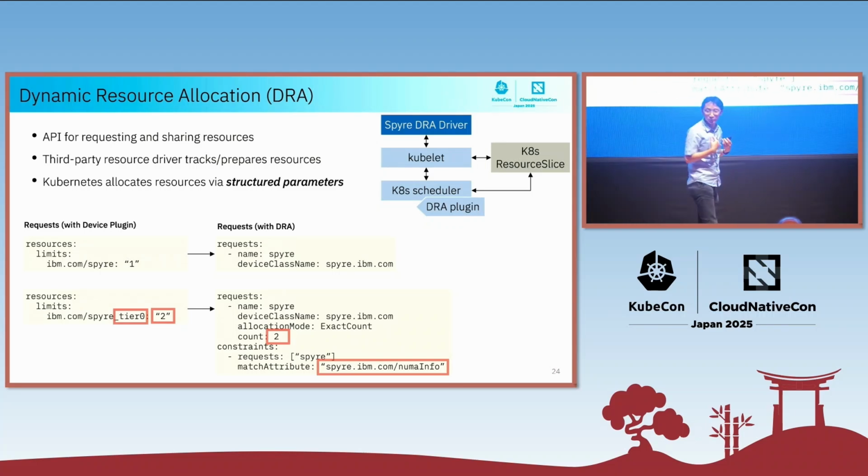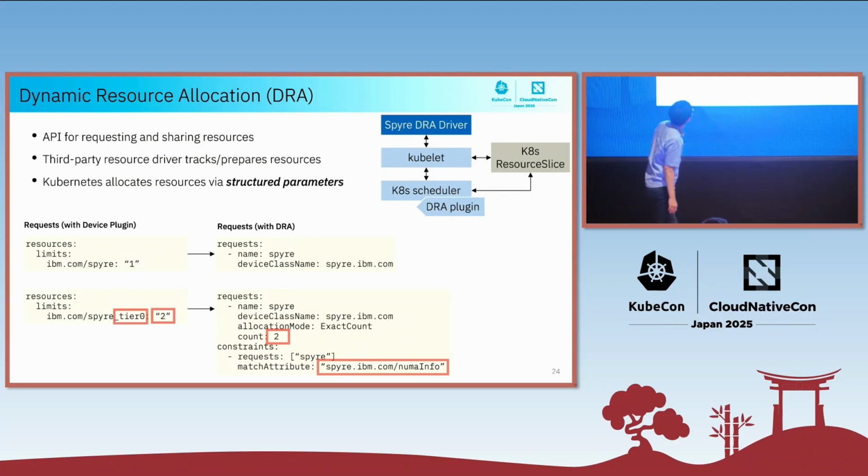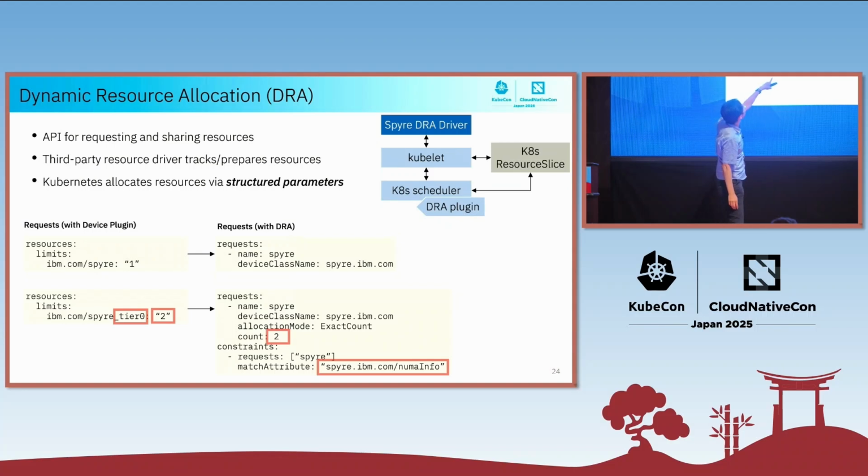So the developer can create a specific driver for certain devices. For example, in our case, we can implement a Spire DRA driver, and we can employ the existing device plugin for cluster-wide optimized device allocation. And we use this kind of extension to the existing device plugin.